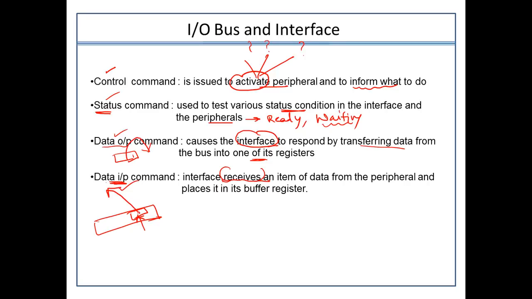In order to take out the data, to transfer it over the bus, because after this interface, to talk to the processor we have the IO bus only to carry the data, right? So on this data bus we will be transferring the data available in this register of the interface to move ahead. This is how the four commands of the interface help make the communication successful between the peripherals and the processor.